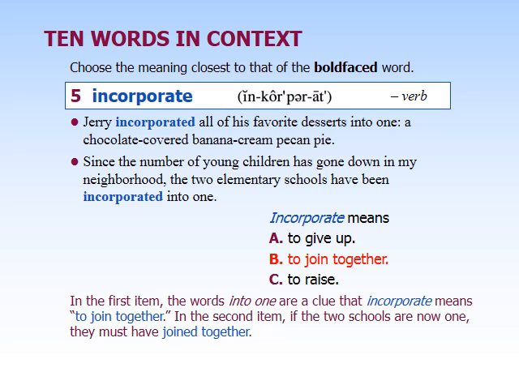And a company is a bunch of people joined together for one specific purpose. So when you incorporate something, it means that you are joining together 2 or more things for a specific purpose. So in the first example, he's incorporating all of his favorite desserts. So chocolate, banana cream, and pecan and pie, all of these things, he's putting all together for the purpose of enjoying the dessert.